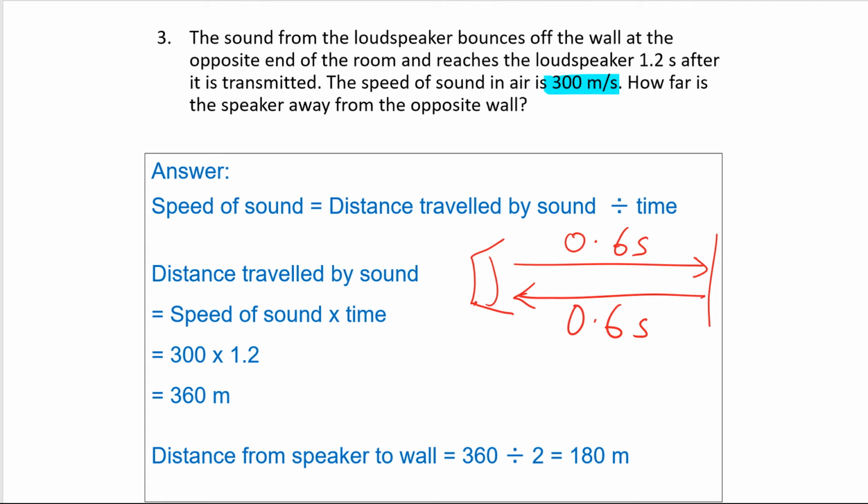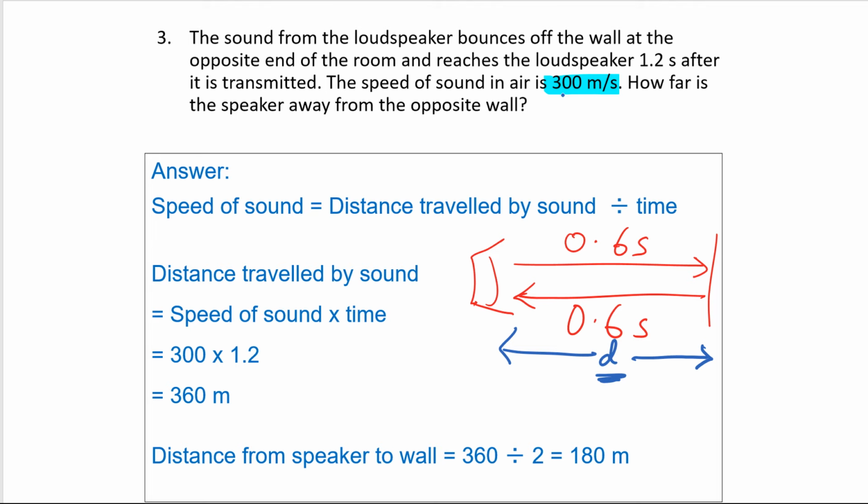So again, based on the formula, we want to find the distance. Yes, so we are trying to find the distance, this one. So I know this D is what I'm trying to find. Okay, draw a simple diagram like that on your paper. So distance, again, is speed times time.